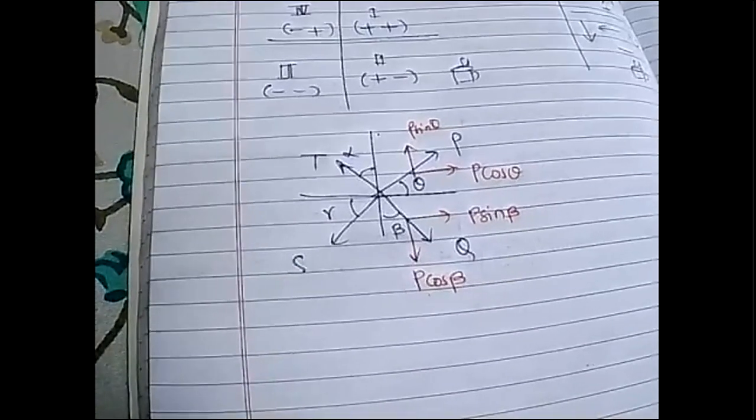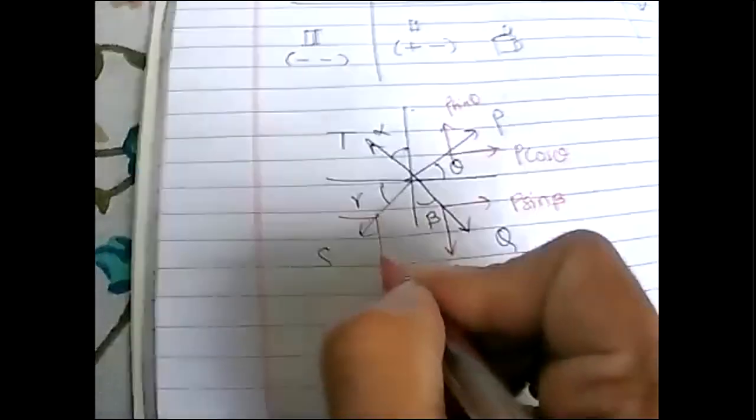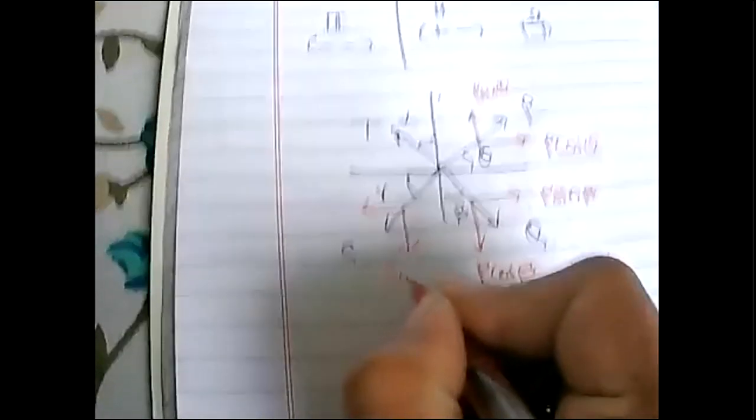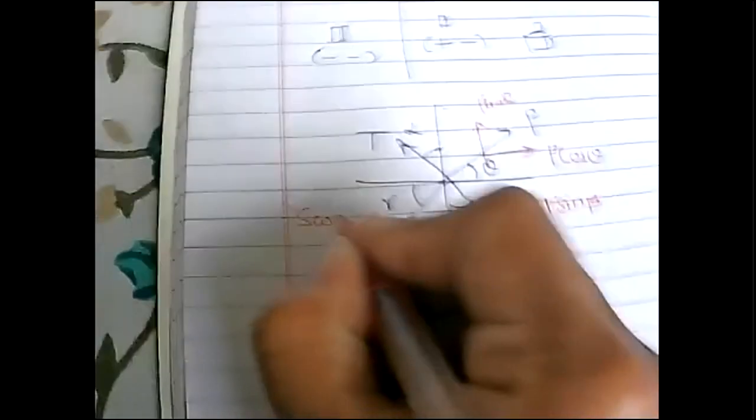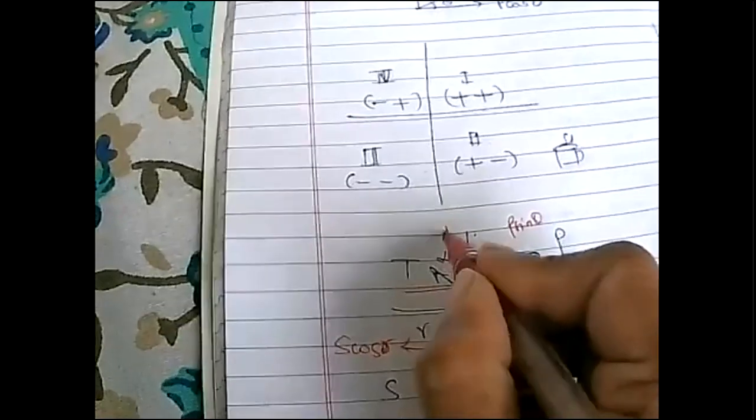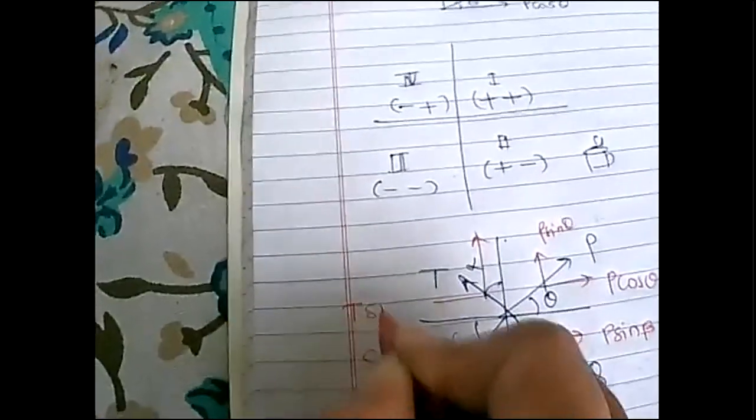If the inclination is given with vertical, then our vertical component will become cos. Simply two components will be here. Cos gamma, and here sin. Sin and cos. Then again two components will be like this. This is nothing but T sin alpha, T cos alpha. Hope you understood, because this inclination is again with vertical, so the vertical component will be cos.